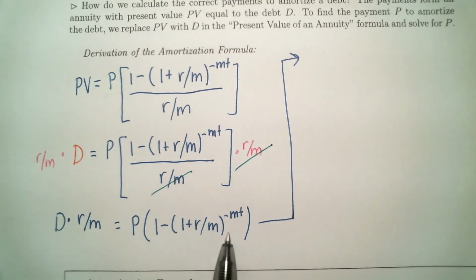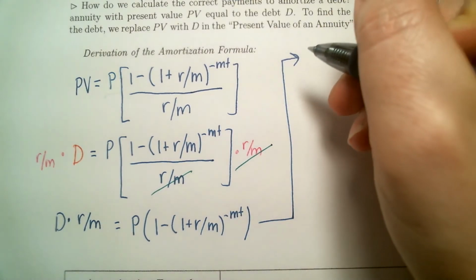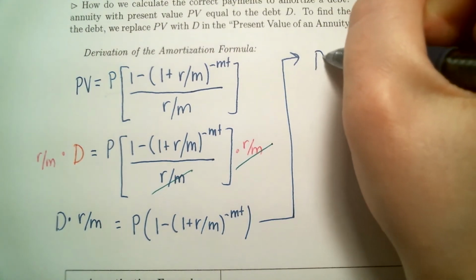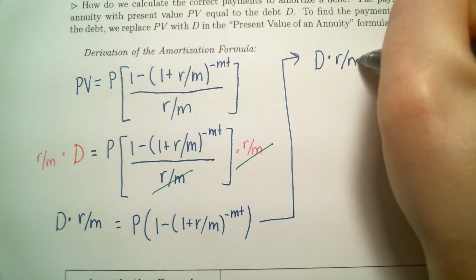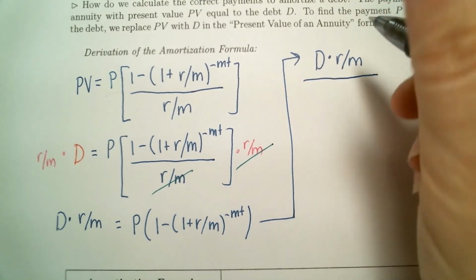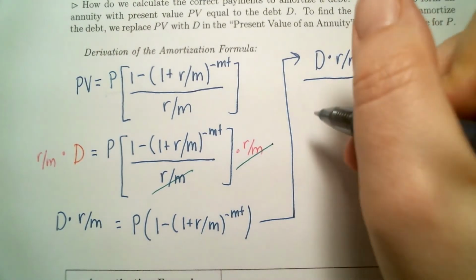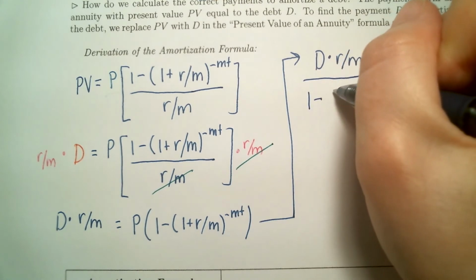This stuff, like you would plug in your R and your M and your T, that would give you just a number. So you have P times all of this stuff. So if you want P by itself, all you have to do is divide both sides by this quantity in parentheses. So you're going to get that the left side is D times R over M. We're going to have to divide both sides by this quantity.